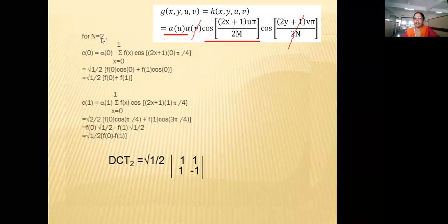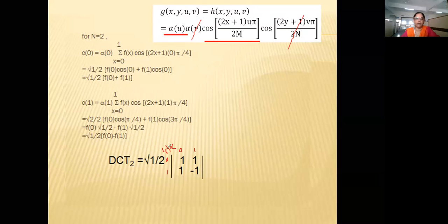For n equal to 2, our x varies from 0 to 1. Okay. And u also varies from 0 to 1. So this is your variation in x. x can take the value 0 and 1, and u can take the value 0 or 1.